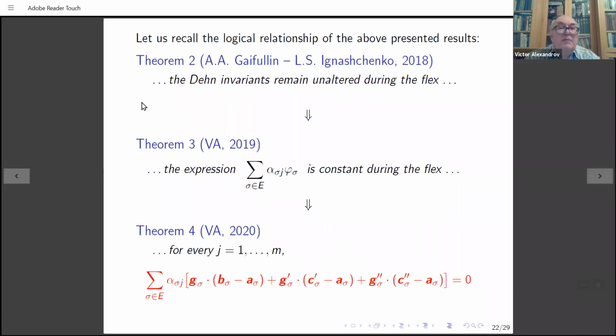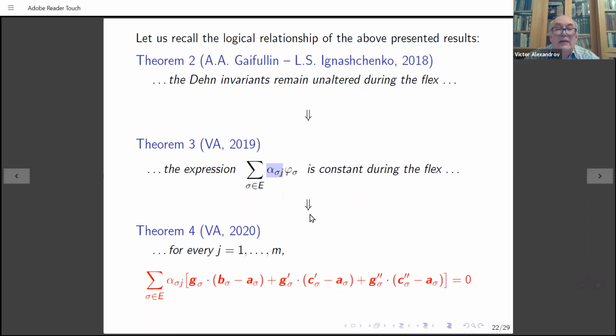Okay, let me recall the logical relationship of the above presented results. So the basis of all these results is theorem 2, that reads that the Dehn invariants remain unaltered during the flex. This theorem 2 implies theorem 3, that reads that some expression is constant during the flex with rational or even integer coefficients.